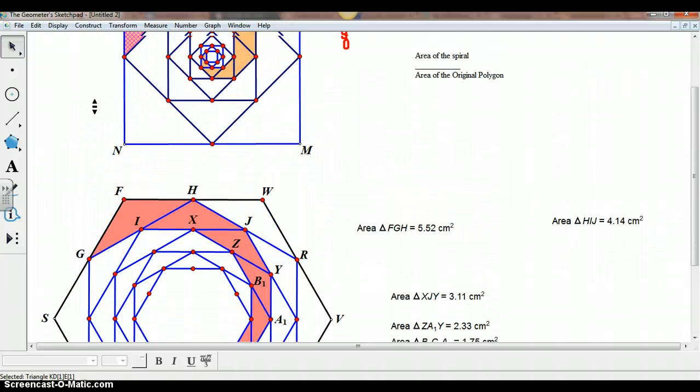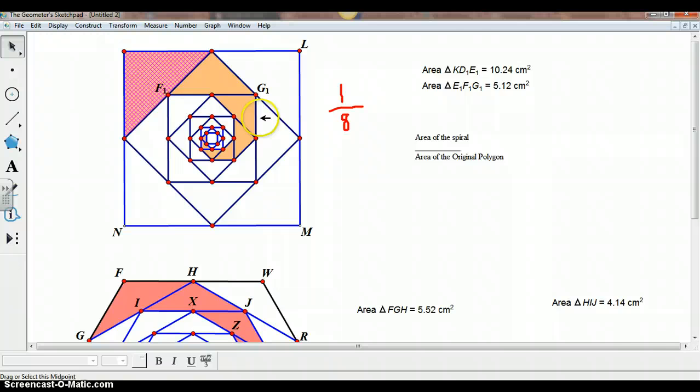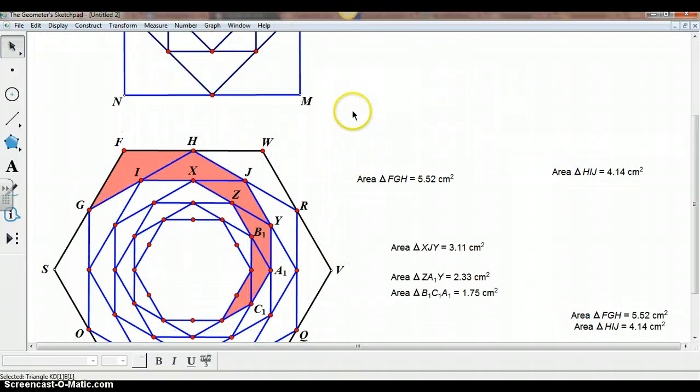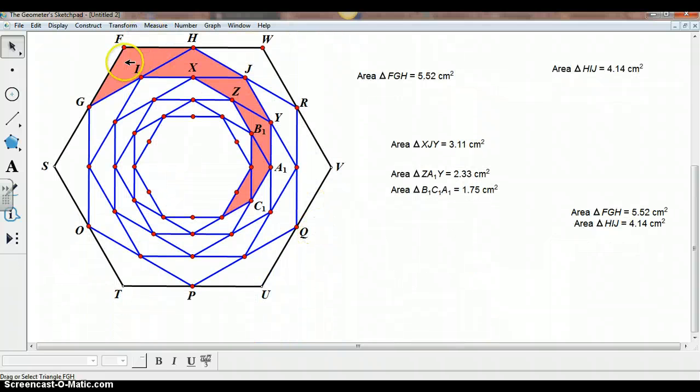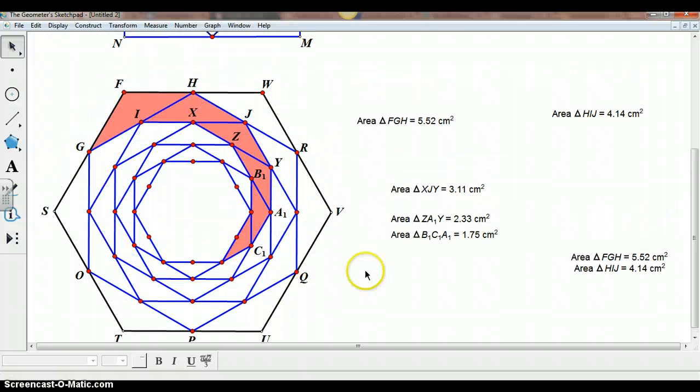So for the regular hexagon, we'll do it the way we did it with the area up here, because it's much harder to take triangle FGE and figure out how many times it fits in this large polygon. The first thing we're going to do is find the area of the entire polygon. Now we have that area filled in.